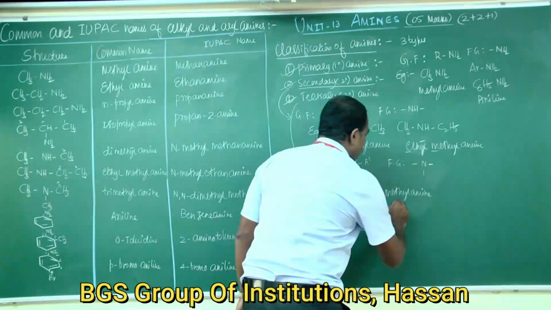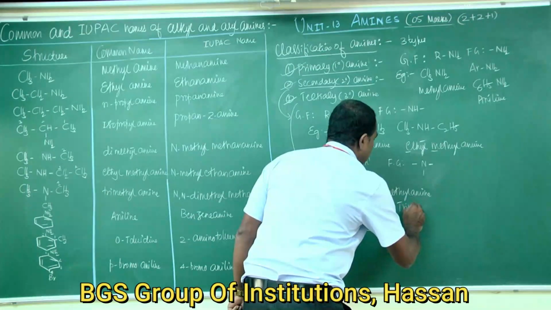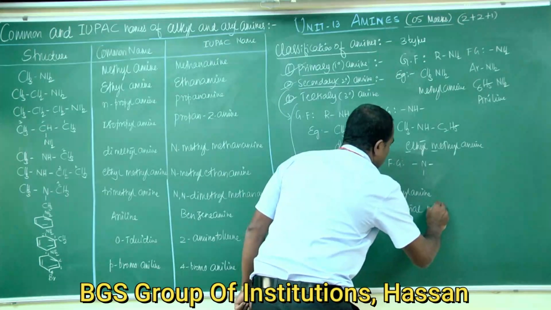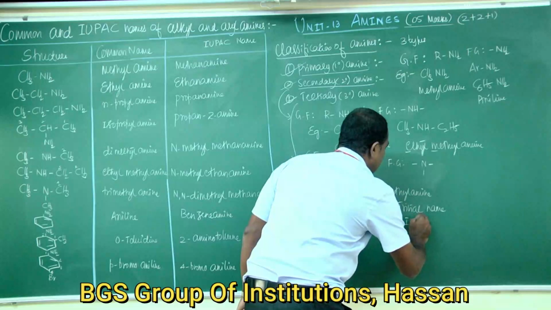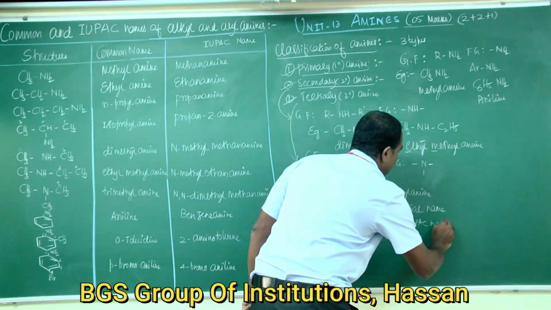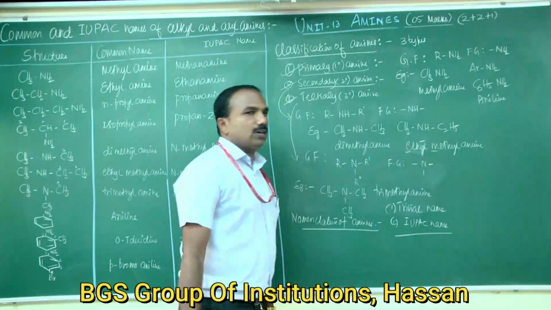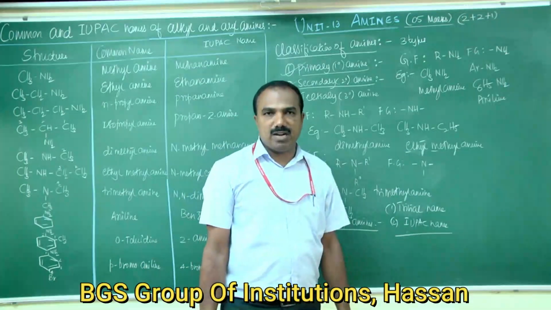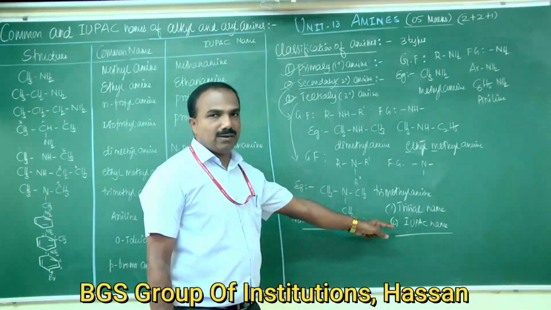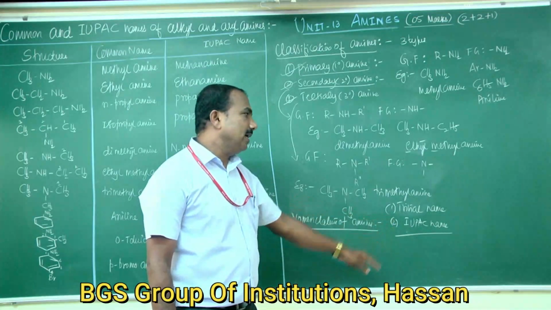The first one is trivial names, and the second one is IUPAC names. The first is the trivial system or common names, and the second is the IUPAC system.